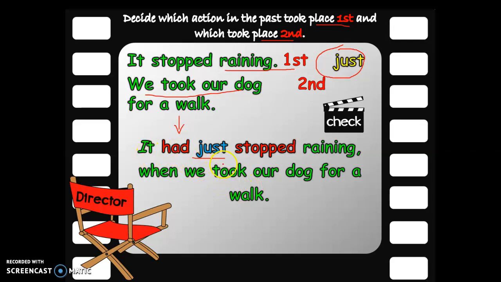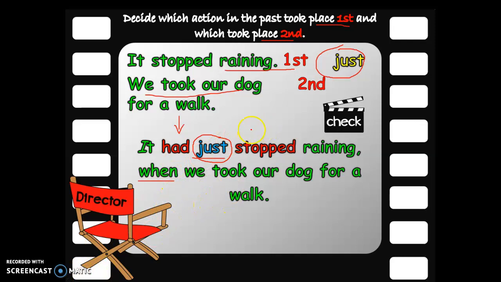It had just stopped raining when, here we are using when to join both sentences, we took our dog for a walk. It had just stopped raining. Immediately after it stopped raining, we took our dog for a walk. So we are emphasizing that one action finished and the other started.